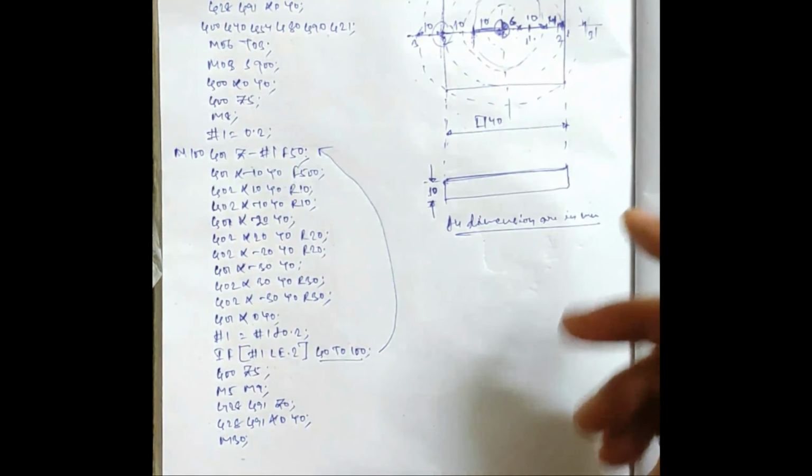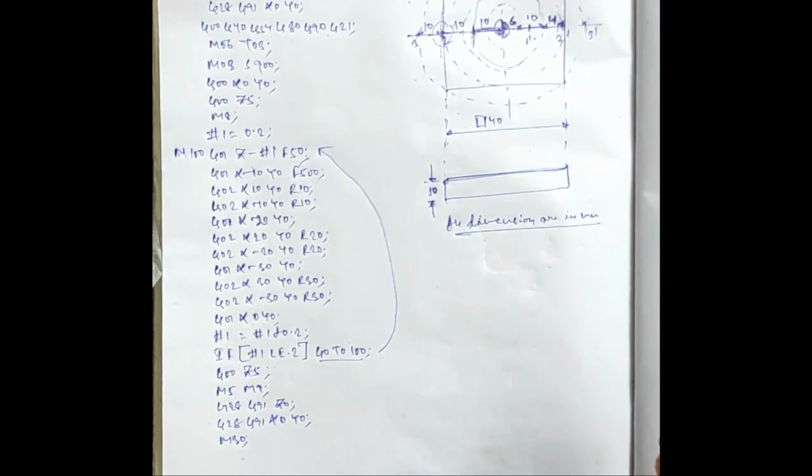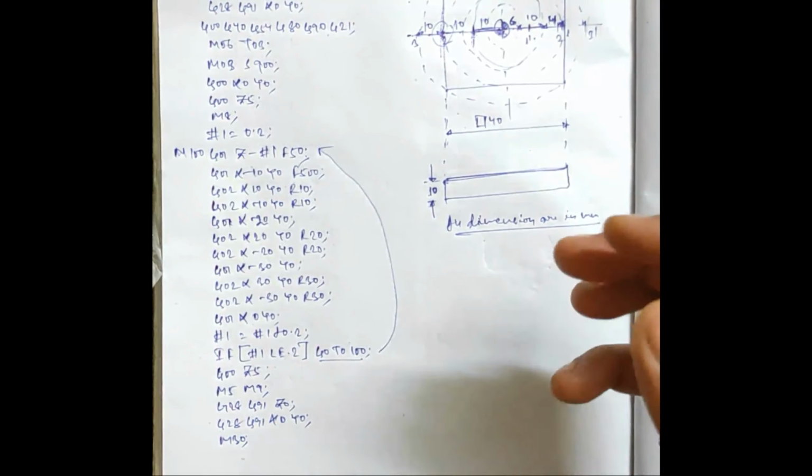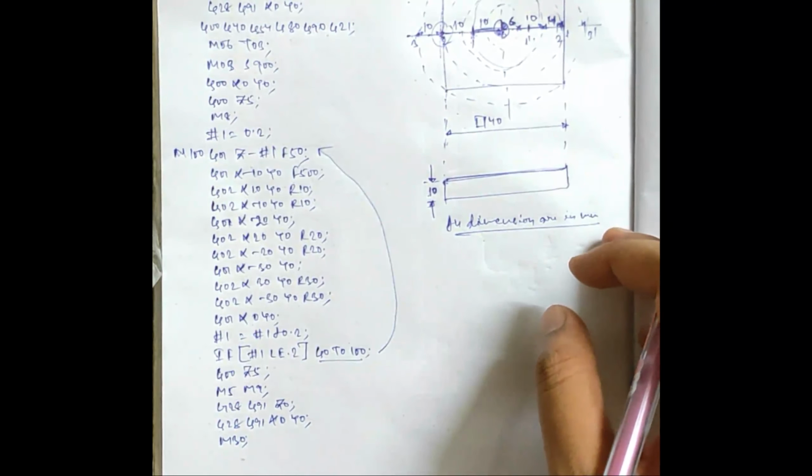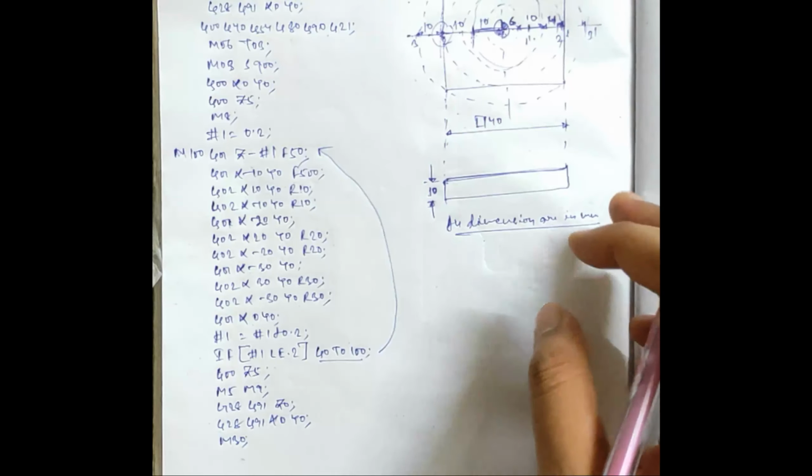It will remove the material until it gets the 2 mm. After that it will stop removing any further material. So this is all about the circular facing operation.